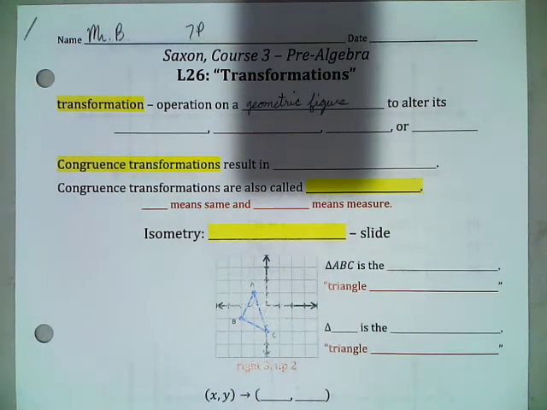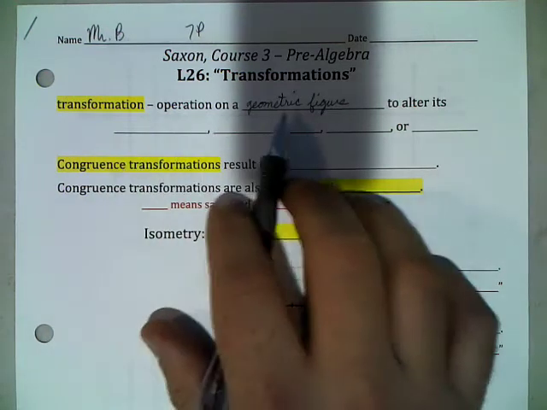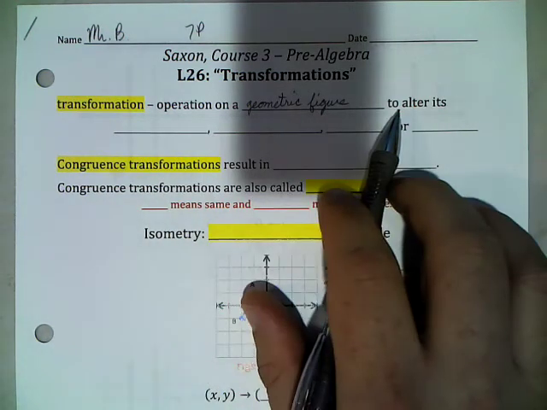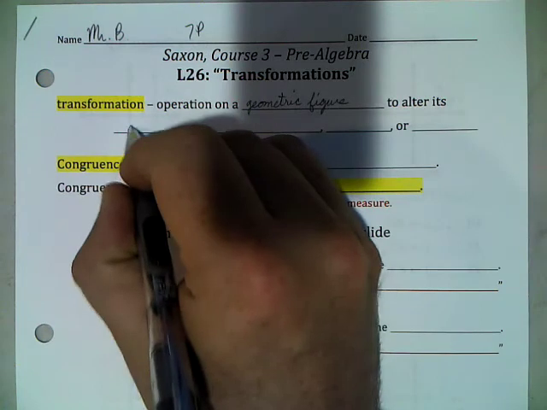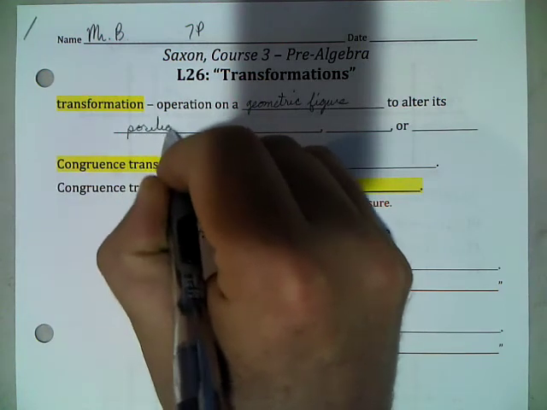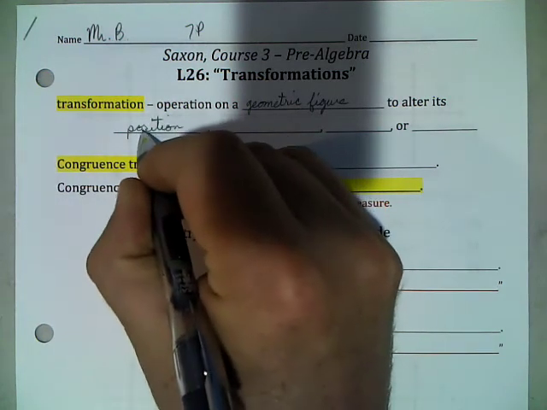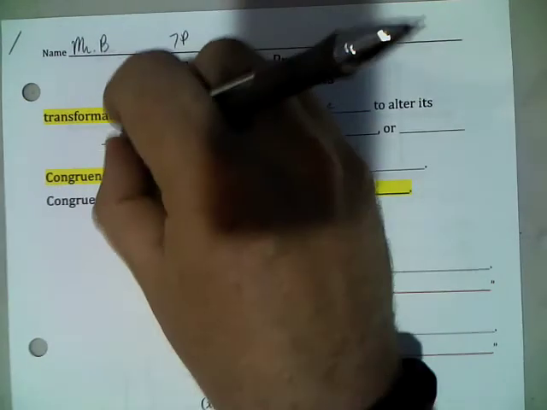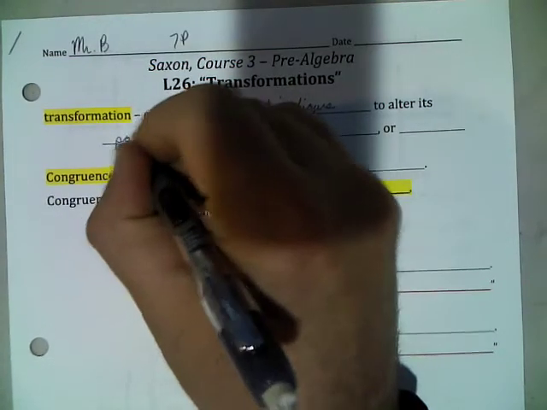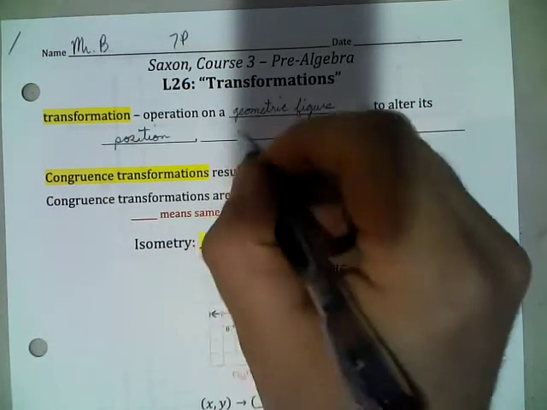So in this case, a transformation is an operation on a geometric figure, and so this means to alter its position. Let's fix that up. Its position, there we go, that's better.